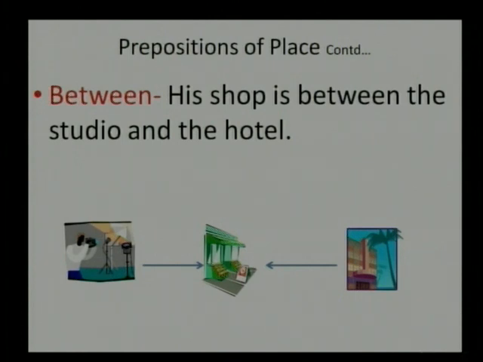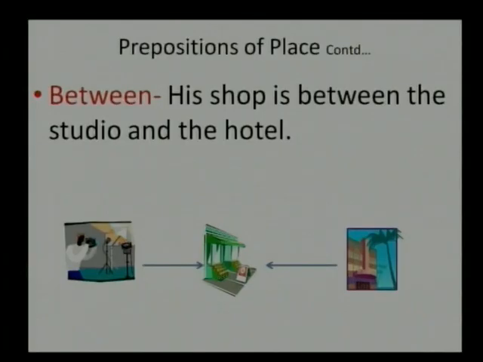For example, his shop is between the studio and the hotel. Between is simply understood as in the middle, but there is a marked difference in the use of between and among, which we will soon understand later.